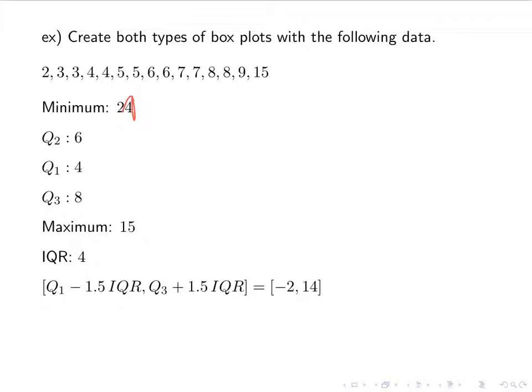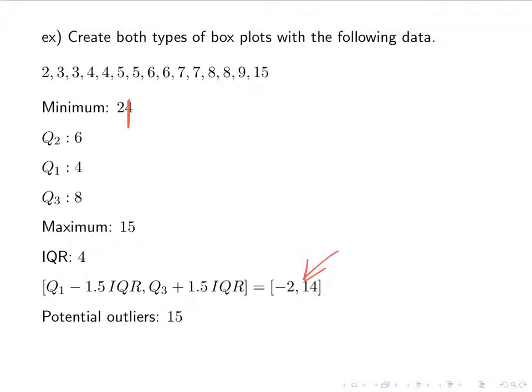So I look at my numbers and I say, are there any numbers outside of this range? Are there any potential outliers? And I see yes. 15 is a potential outlier. And then, again, if I'm doing the second type of box plot, I need to find my adjacent values. My adjacent values are the lowest and highest numbers that are inside this range.